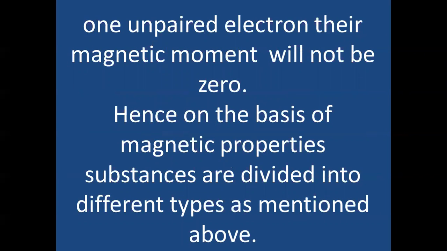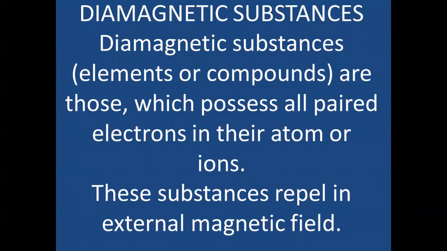So the substance which has at least one unpaired electron will never have zero magnetic moment as a resultant. So we have different types of substances on the basis of magnetic properties.